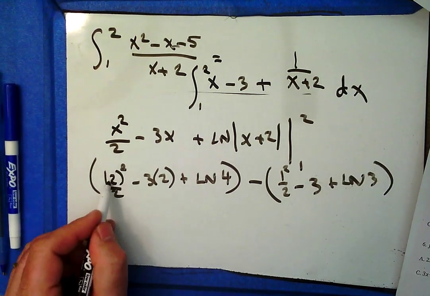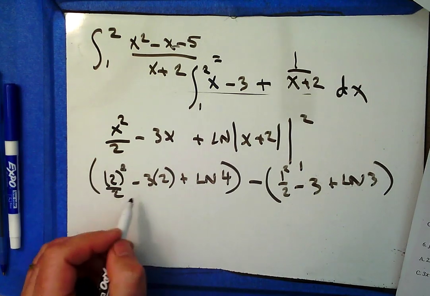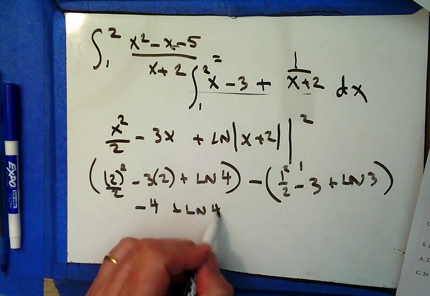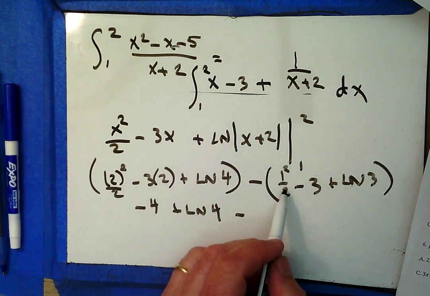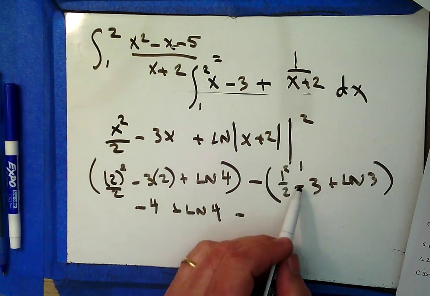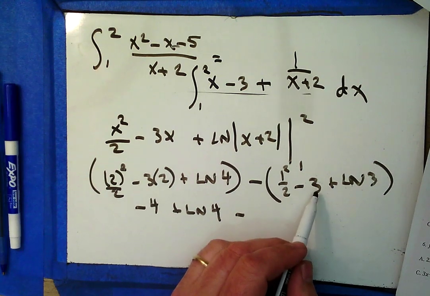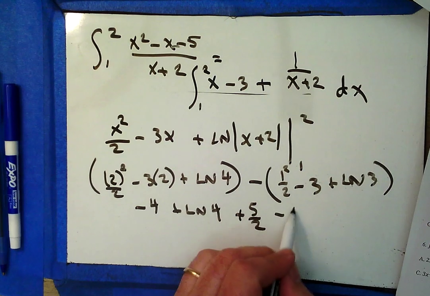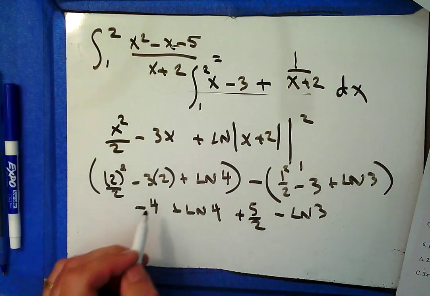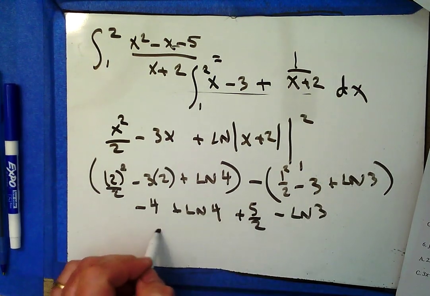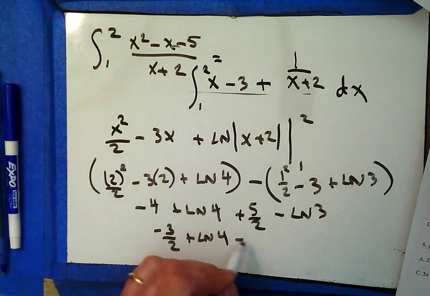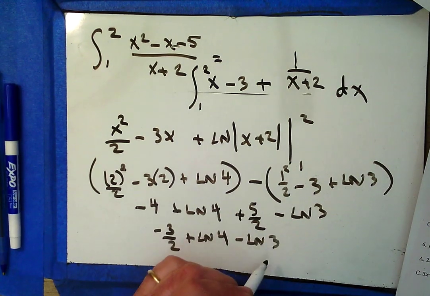This is going to be 4 over 2, or 2. 2 minus 6 is negative 4, plus ln of 4 minus, so 1/2 minus 6/2 is negative 5/2, plus 5/2, minus ln of 3. Minus 8/2 plus 5/2 is minus 3/2, plus ln of 4 minus ln of 3.